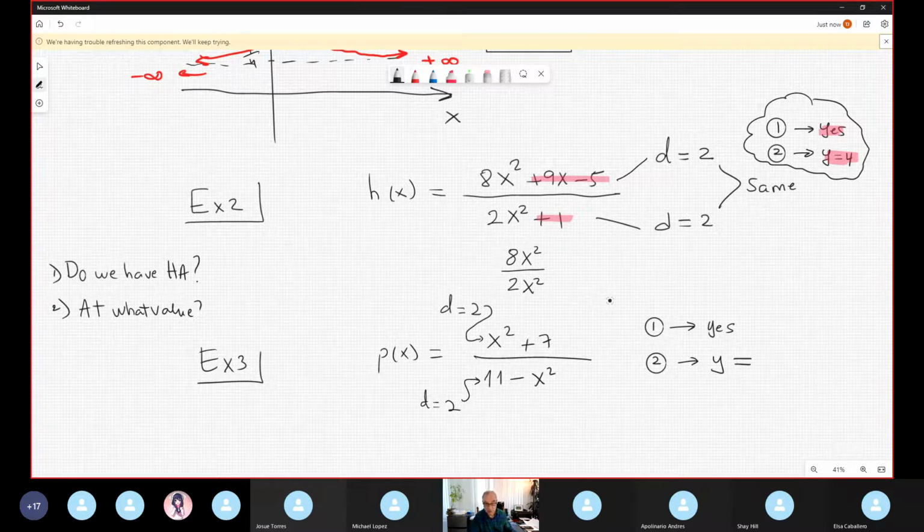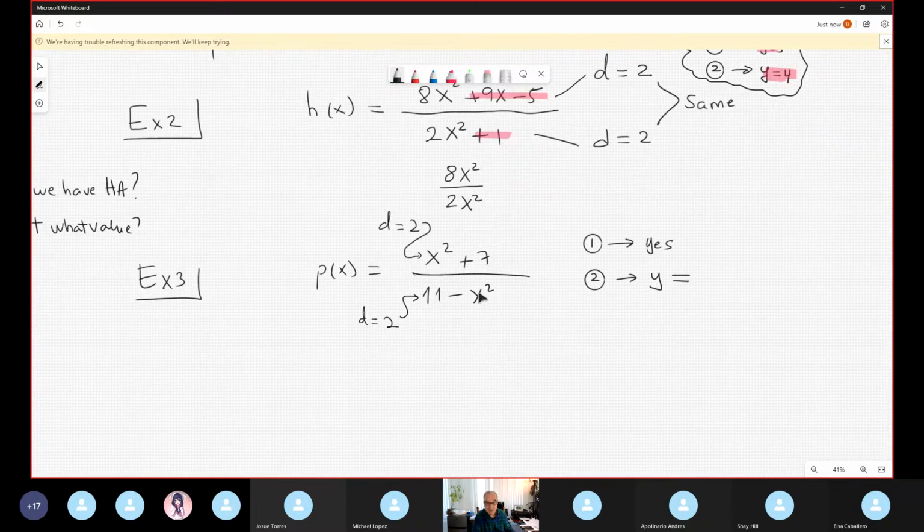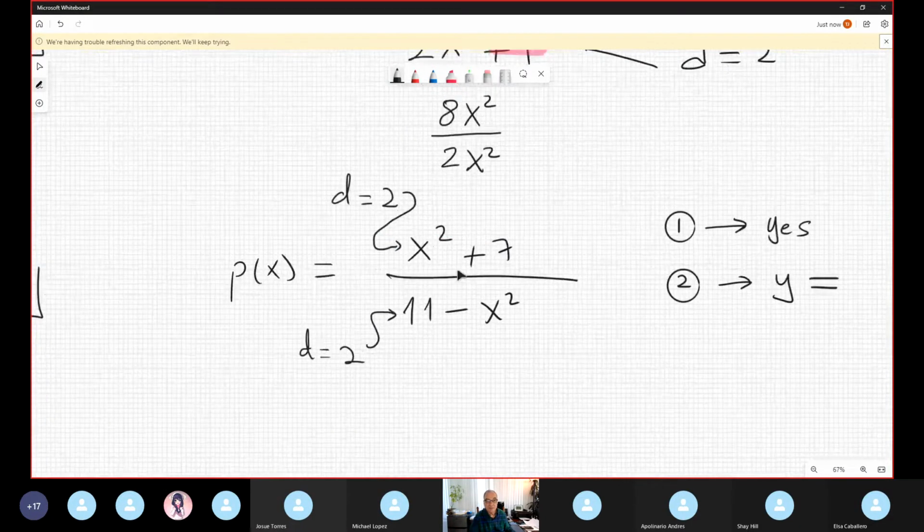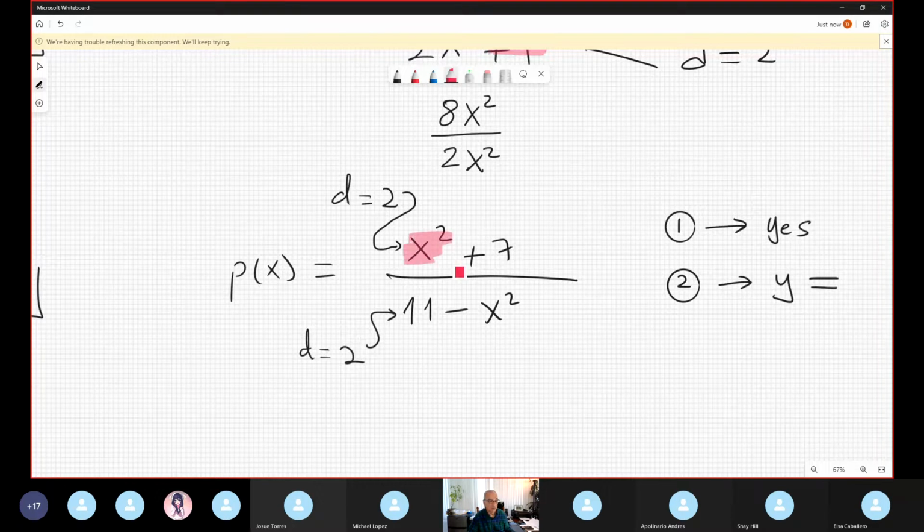To see this more clearly, what is the dominant term in the top part? I suppose it's this, yes or no? The dominant is the monomial. In the denominator, this is the dominant. Yes, numerator.